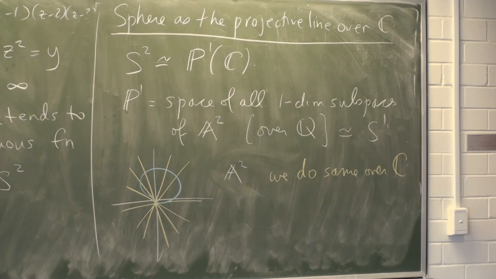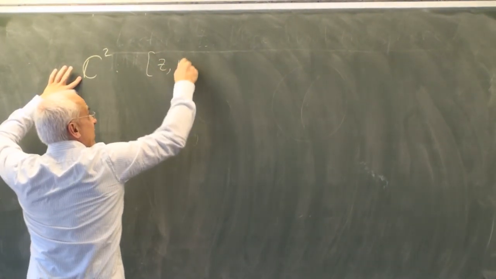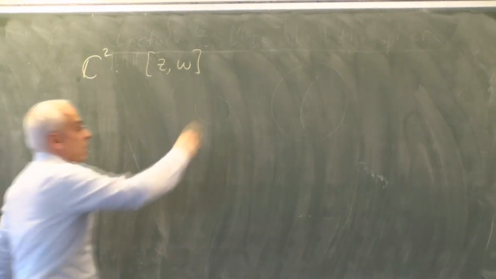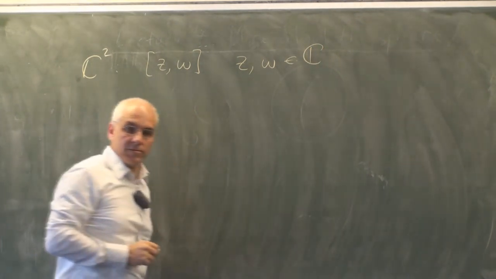What we have to do is start with our two-dimensional space, and to make it clear that we're talking about two-dimensional complex space, let's call it C2. Okay, we're working with C2, and C2 consists of things of the form (z, w), pairs of complex numbers. z and w belong to C.